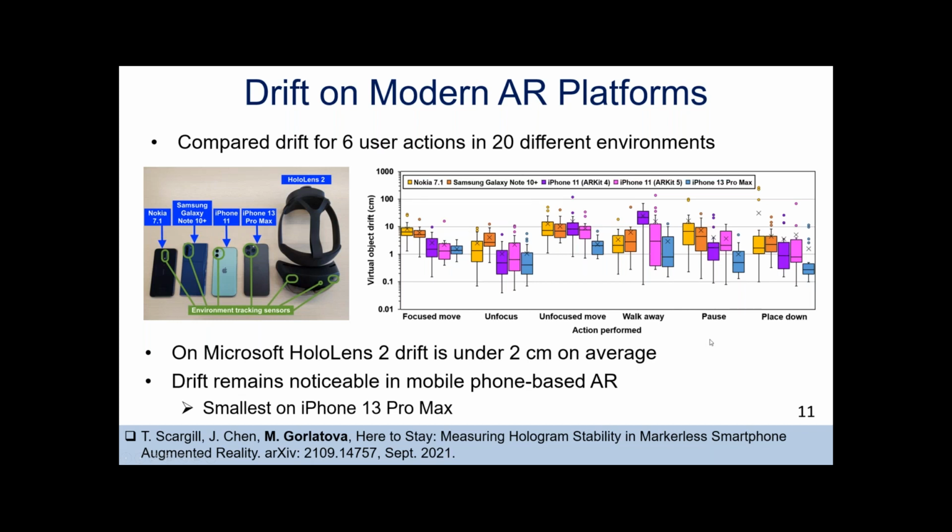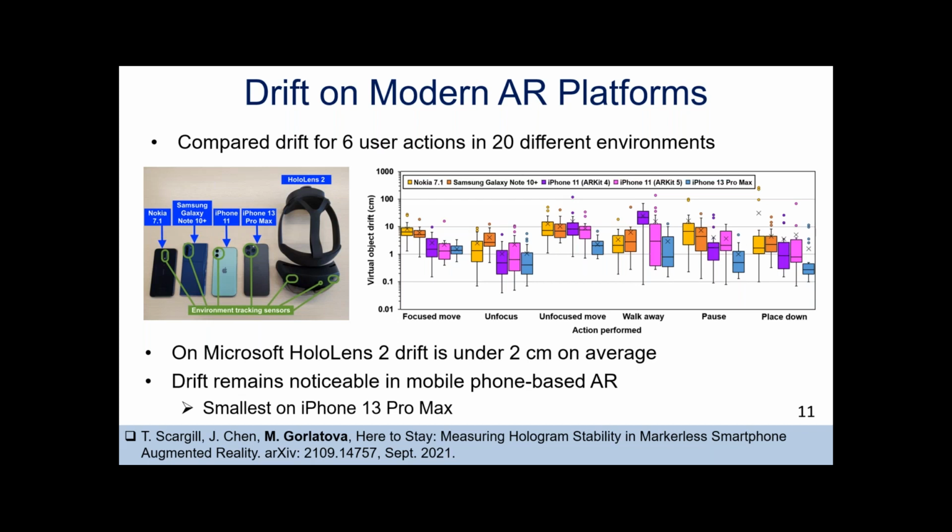And you can see that for many of the settings that we consider, the drift is very, very significant, that we have holograms that shift around by 10 or 15 or more centimeters on average under many cases.